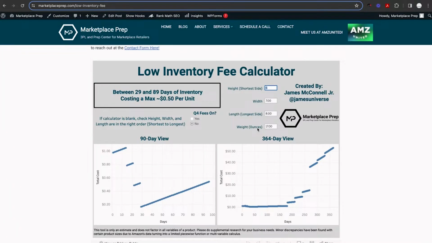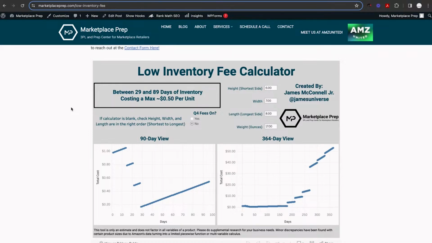For my UK and European friends, I don't think y'all have this fee yet, so I just focused on the US marketplace. So for a given product that is 6 by 7 by 8 inches, I need to put inches on here, and that is 17 ounces, this item, you need to stock between 29 and 89 days of inventory for optimal levels.